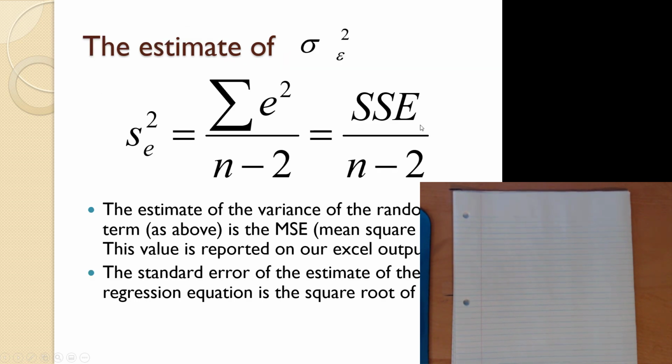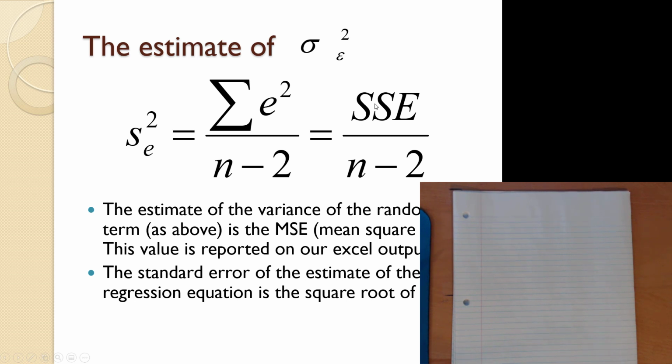SSE, now I'm not going to get too far into the weeds on this. This is a mean squared, the mean squared error. And finding a mean just means we take a summation of something and divide by its degrees of freedom. That's all we've done. Any value of a mean is the summation of something divided by its degrees of freedom.